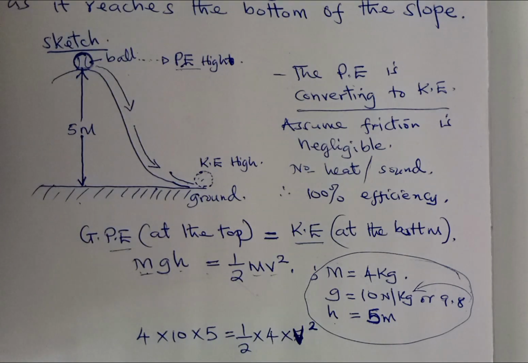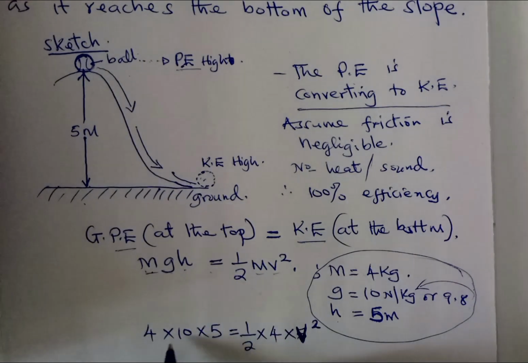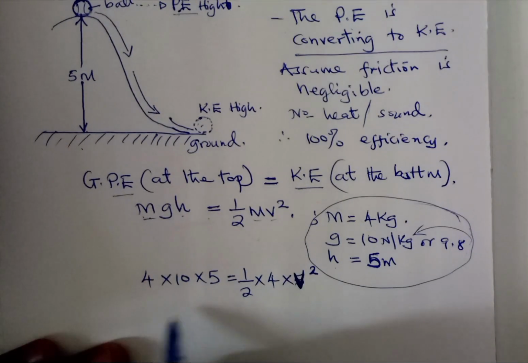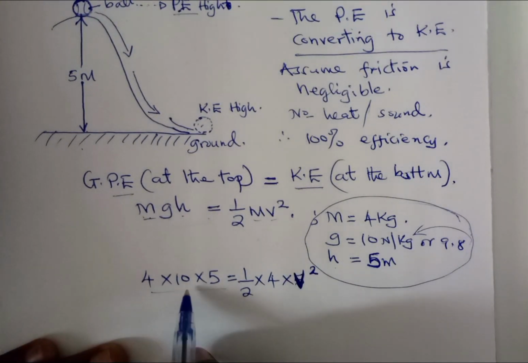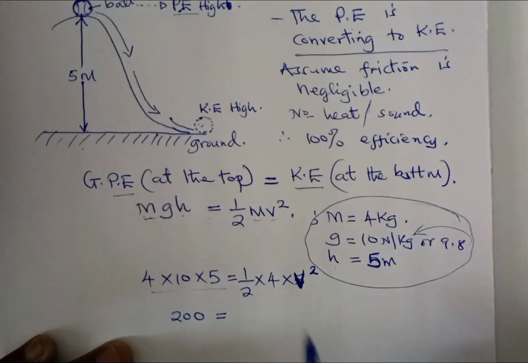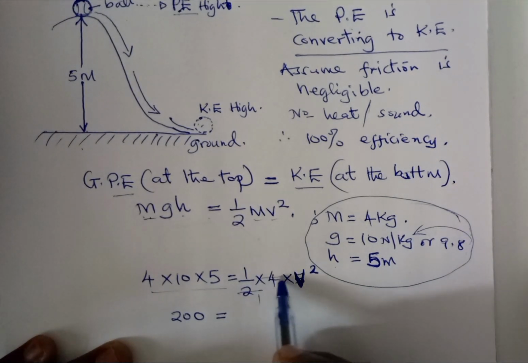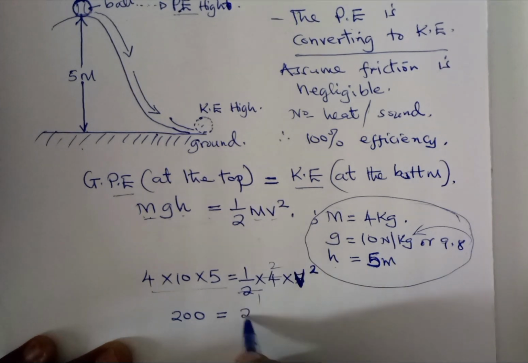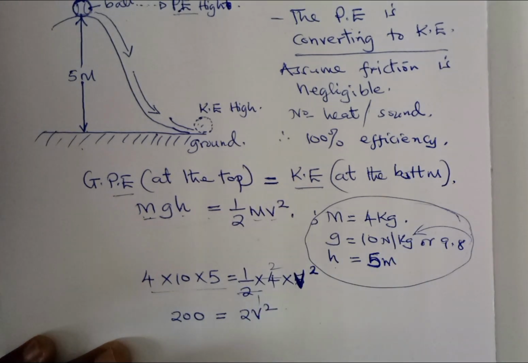So after writing that, now we can solve it. Let's work out this side. 4 times 10 times 5 equals 200, which is equal to 2v squared. Dividing both sides by 2, we get 100.